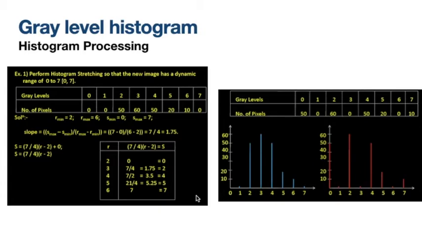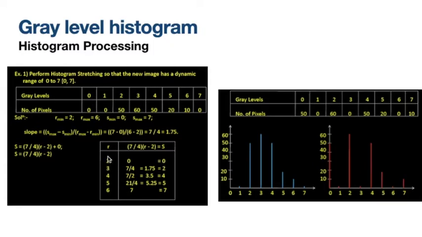Now using this you have to make a table for gray levels 0 to 7. For gray level 0, it represents R equal to 2.